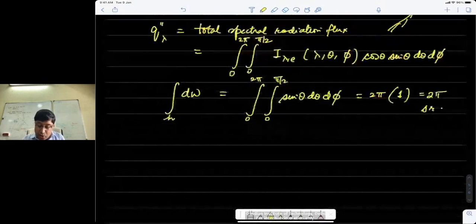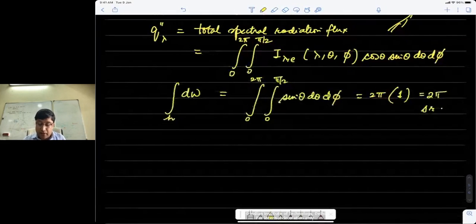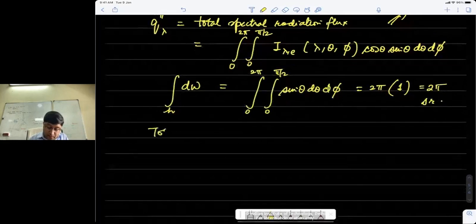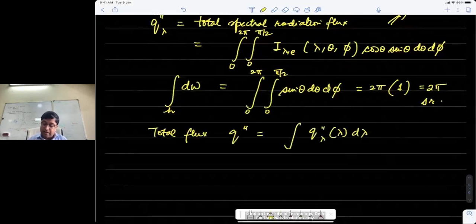Now, from the total spectral radiation flux, we can also calculate the total flux, which accounts for radiation of all wavelengths. So the total flux, q double dash, would just be an integral of q double dash lambda over all wavelengths, from 0 to infinity in the electromagnetic spectrum.